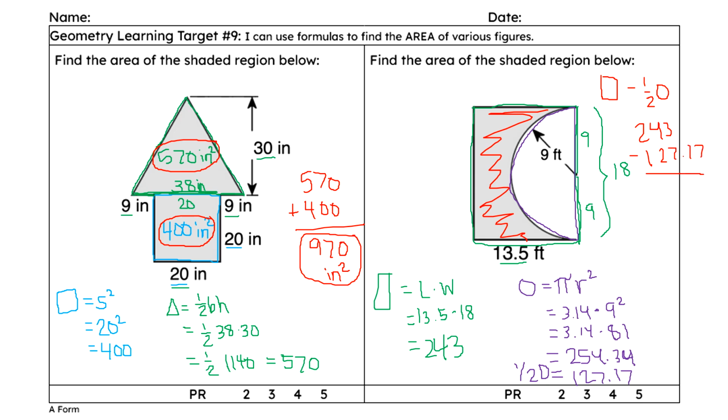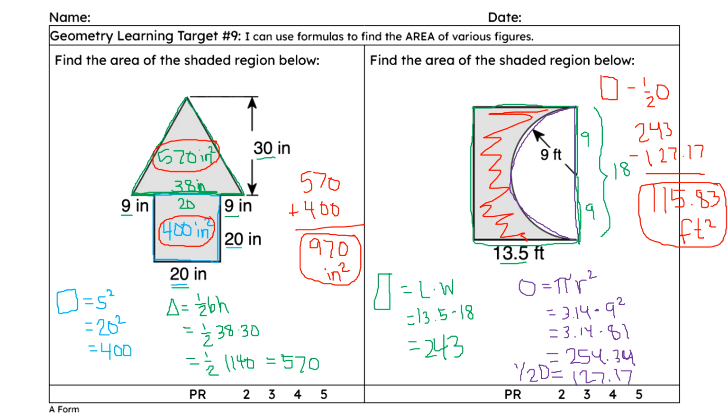So let's see, nifty calculator, what we get left with. 115.83. That is the area of the red section right there, and we were talking about feet squared. Don't forget those units. That's really important. This is square feet for an area.